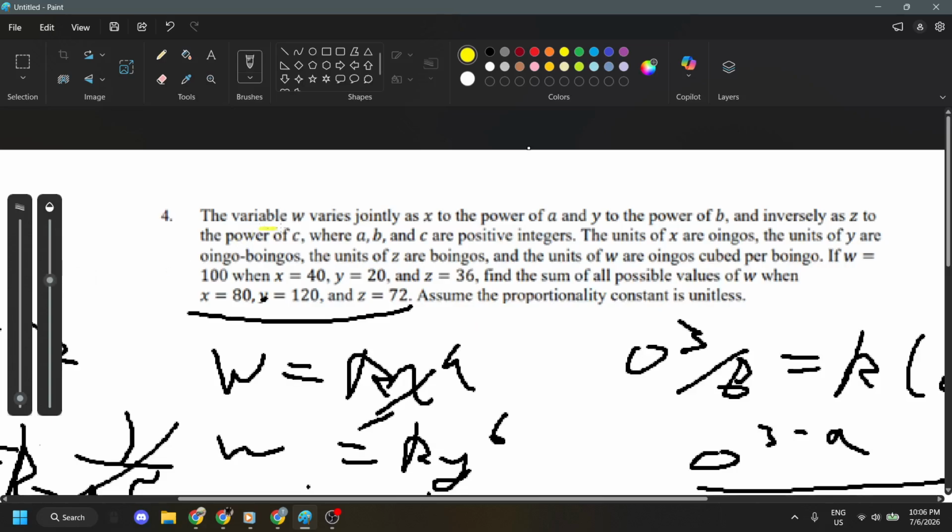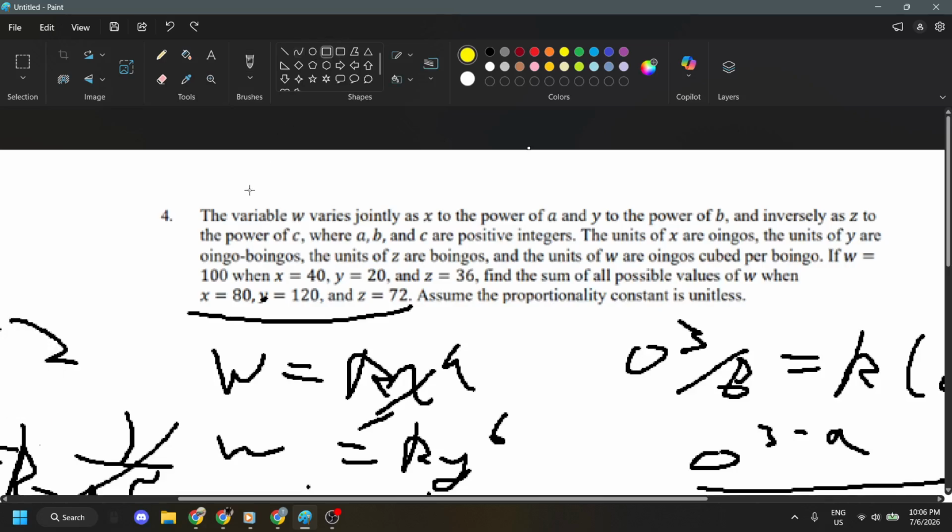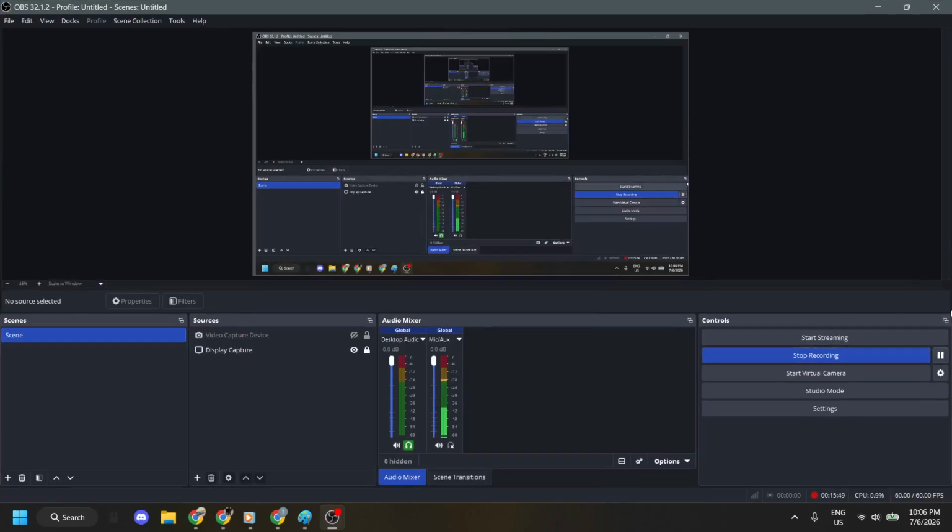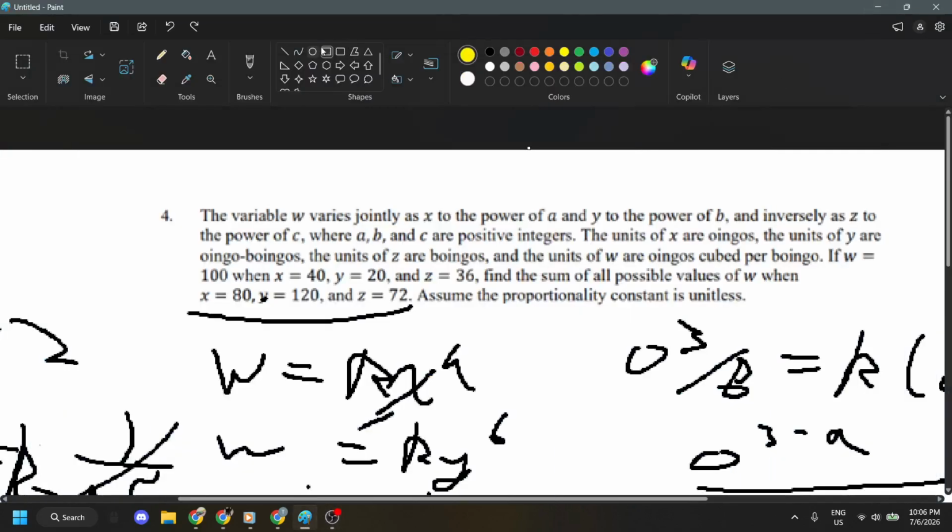I understand this part. I understand this part. Can I somehow? No, I can't make that transparent.